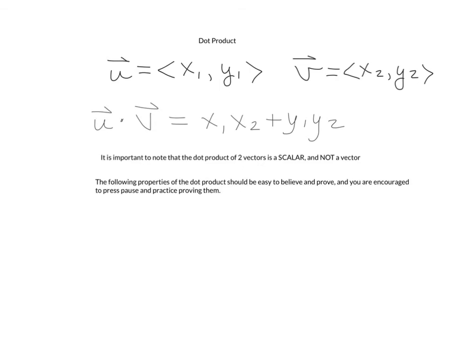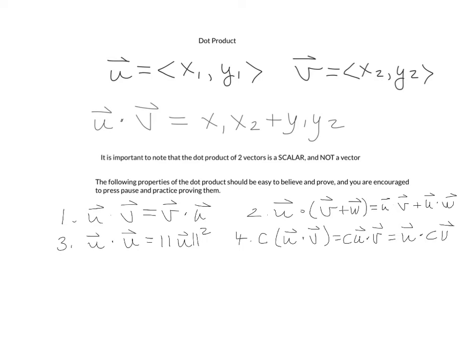So the following properties of the dot product, as I say here, should be pretty easy to believe. They should look familiar to you. And I would really encourage you to pause this video and practice using the definition. The definition is right here to prove them. So I'll simply write them out and you can try proving them when you have a chance.